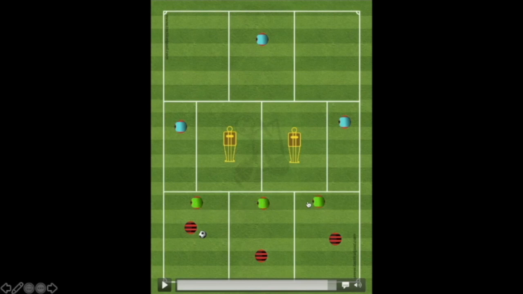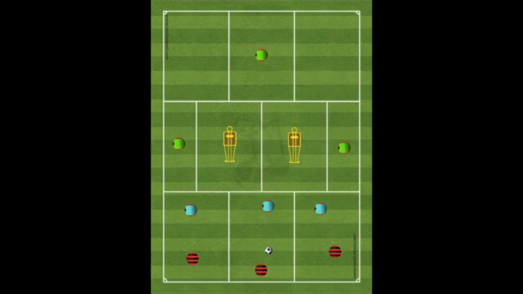How do you stop yourself getting played through that easily? So just an idea of something that you can work on, get the ball moving and see what you can take advantage of, and all the relevant coaching points within that.